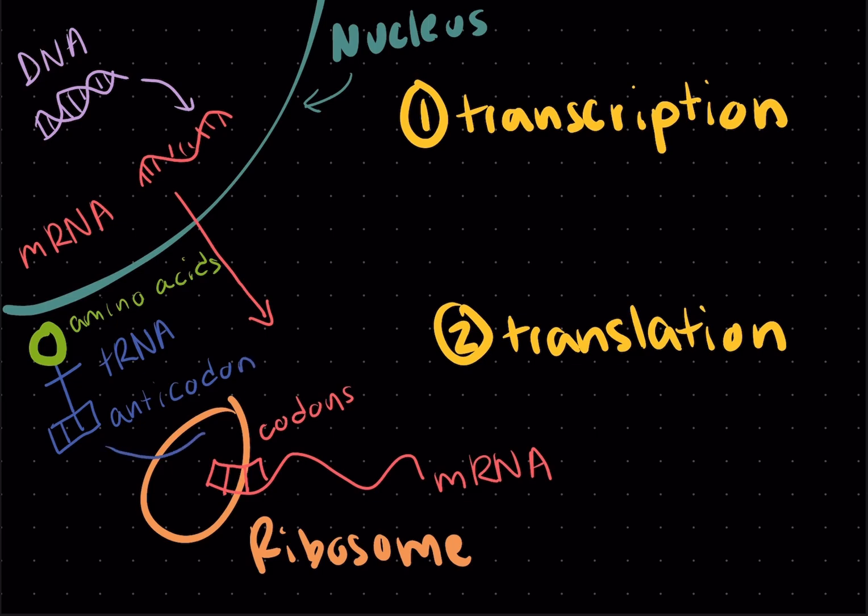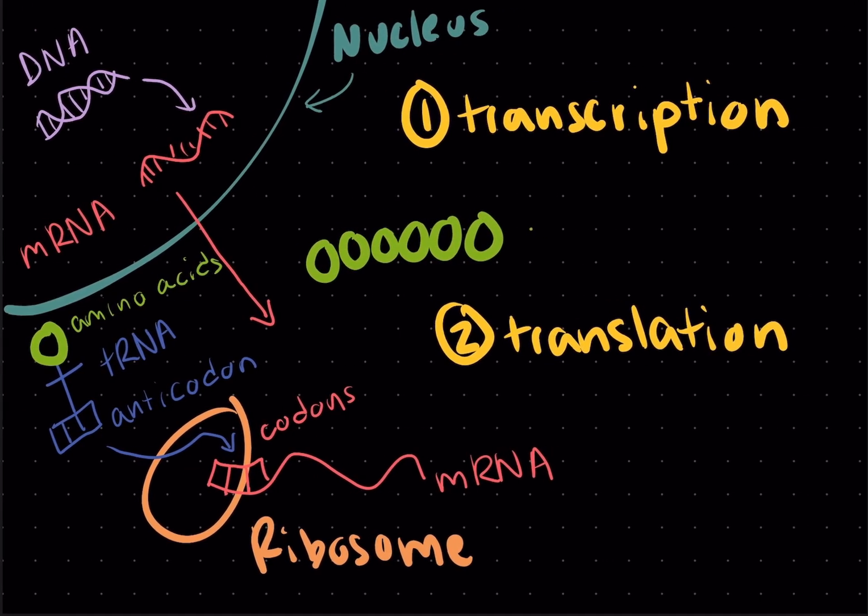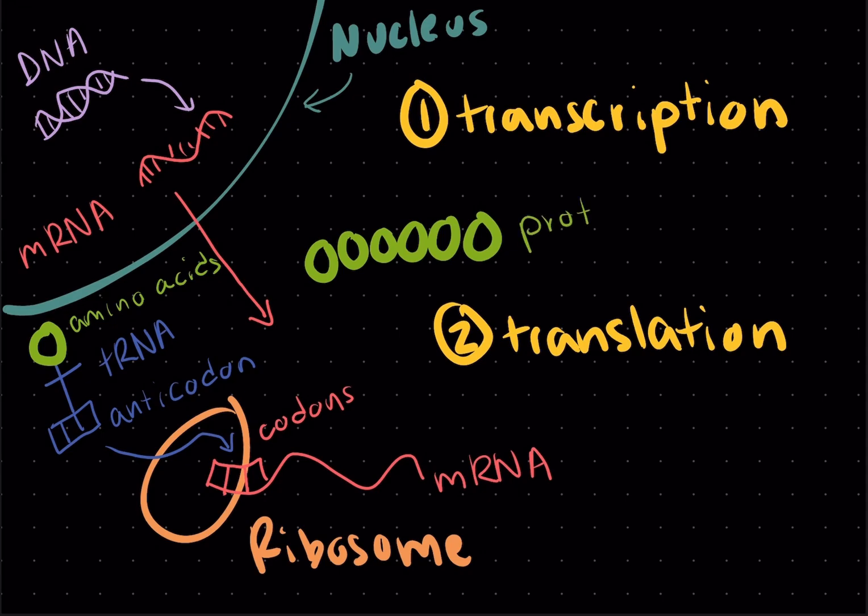And the anticodon is going to match up with the codon, and that's how it knows which amino acid goes next in the sequence. And so eventually, it's going to build a sequence of amino acids, which we know to be a protein, which is our final goal in protein synthesis.